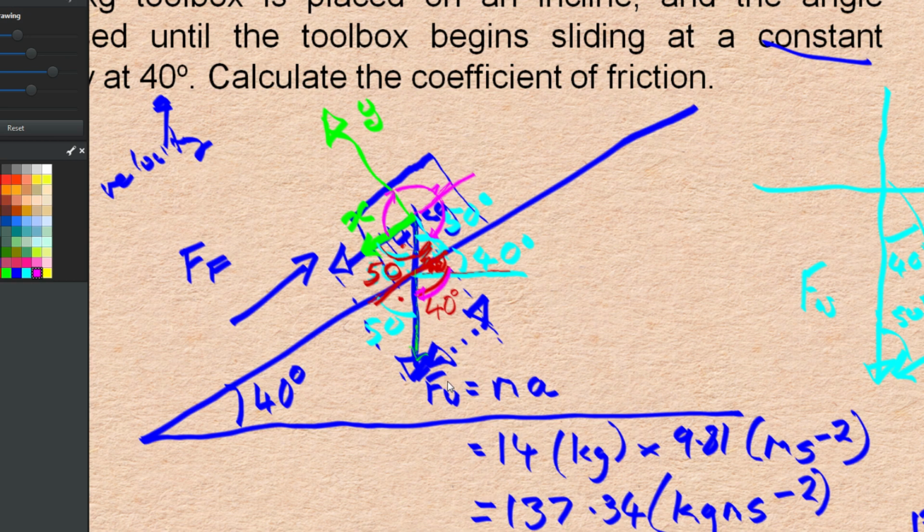So my weight force from my positive x-axis is 270 plus 40 degrees, which will be 310 degrees.